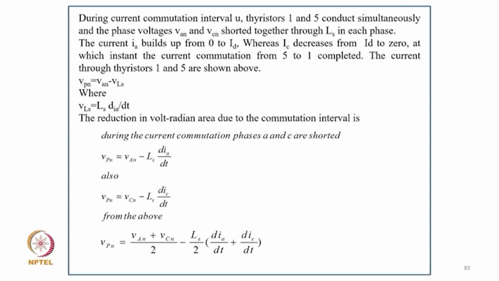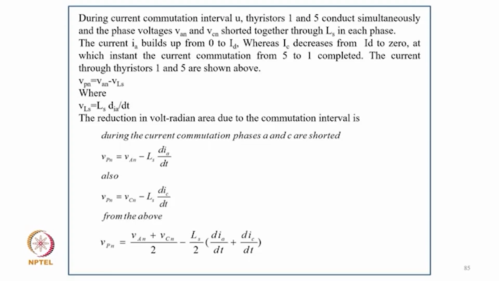So Vpn equals Va minus VLs, where VLs equals Ls di upon dt. The reduction in voltage area is due to the commutation interval. During current commutation, phases A and C are shorted. So Vpn equals Va minus Ls dia upon dt, and also Vpn equals Vc minus Ls dic upon dt.